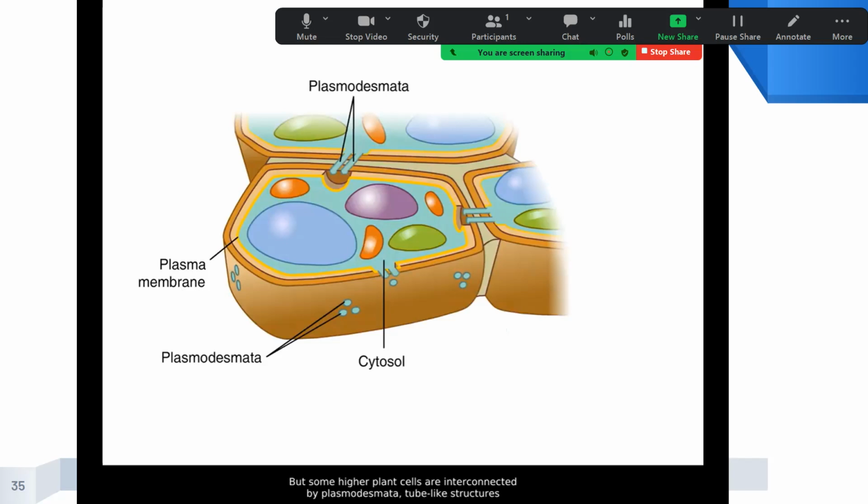But some higher plant cells are interconnected by plasmodesmata, tube-like structures that penetrate through cell walls and form fluid connections between adjacent cells. Like gap junctions in animal cells, plasmodesmata allow the free exchange of small molecules and help coordinate the activities of neighboring cells.